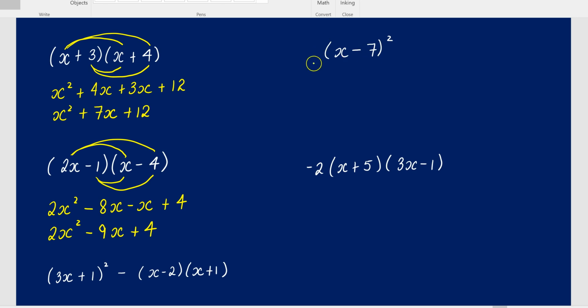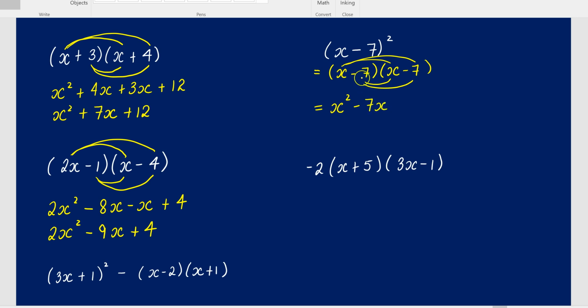If we go up here, you might need to put an extra little step in, because what does squaring mean? Squaring means timesing by itself. Right, so it's that, and then once again you can draw in your loops. If you get confident and you don't need to draw them in, well then don't. X times x, x squared. X times negative 7 is negative 7x.